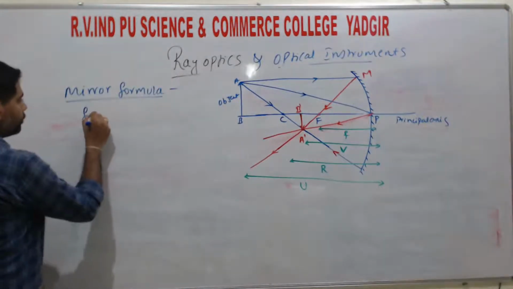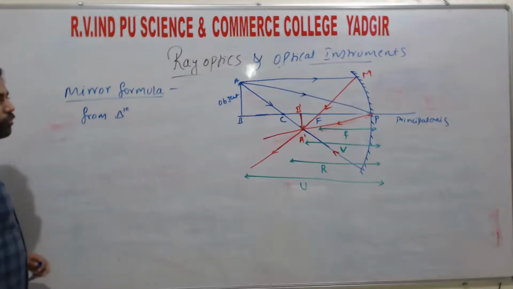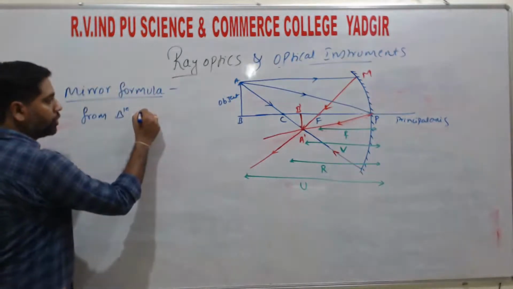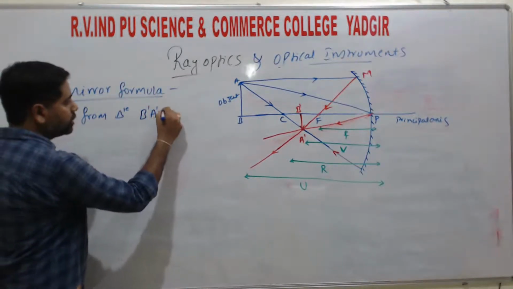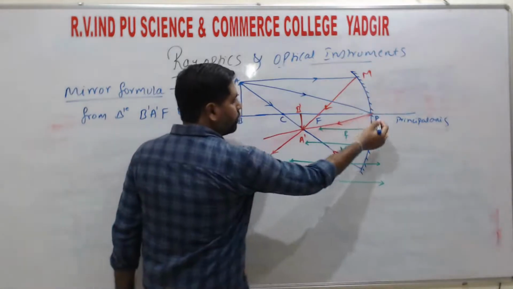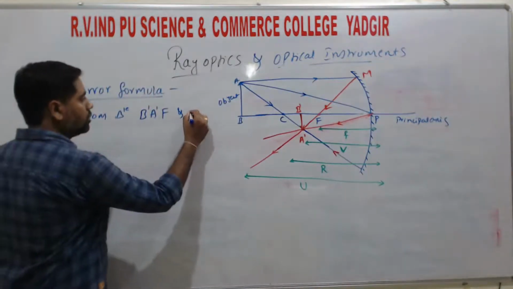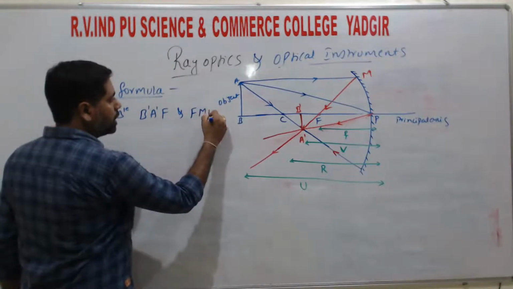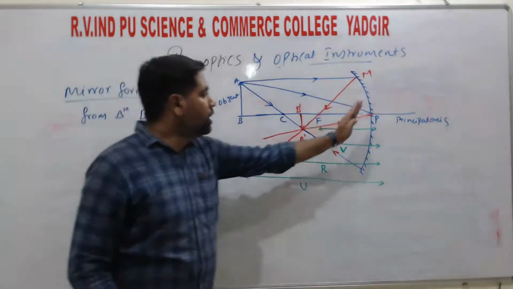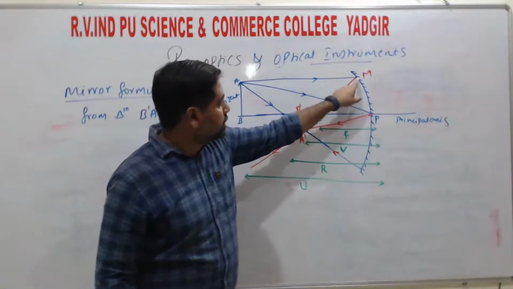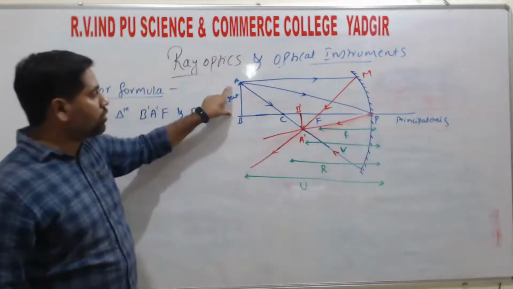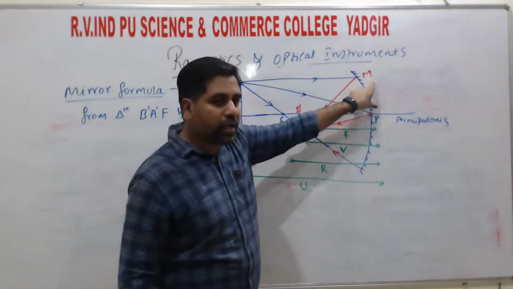So from triangle B dash A dash F and triangle F M P. As the object is farther away from the curved mirror, this curved surface is observed almost like a straight line, that is, MP is almost a straight line parallel to AB, right?